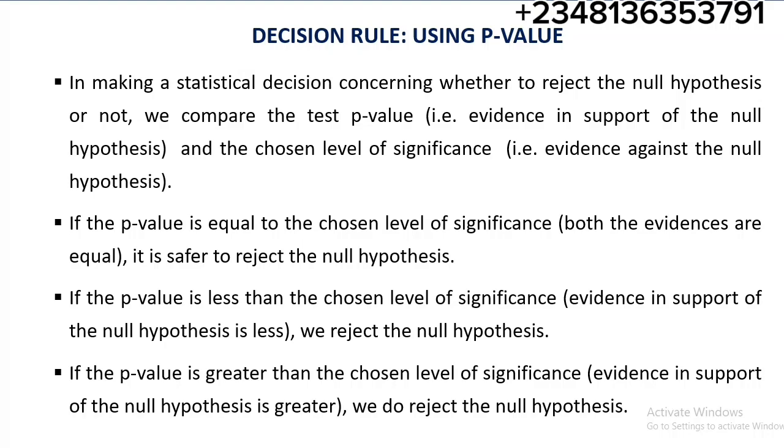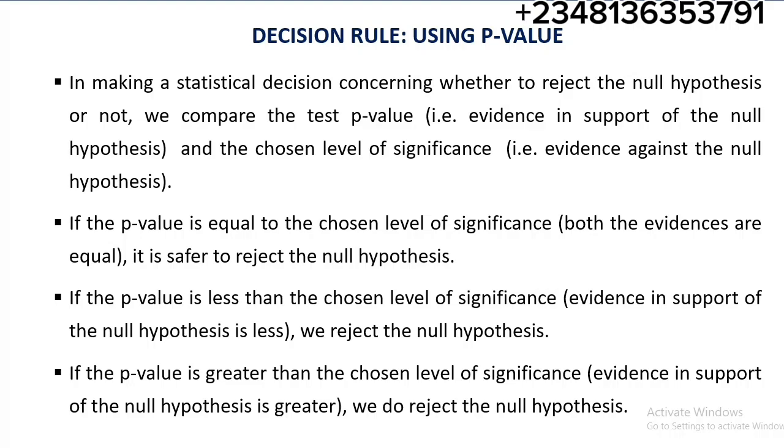If the p-value is equal to the chosen level of significance, that is, both evidences are equal, it is safer to reject the null hypothesis. So we are going to reject the null hypothesis.